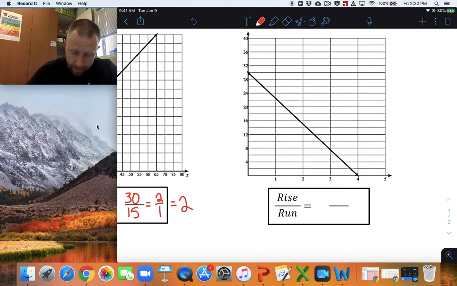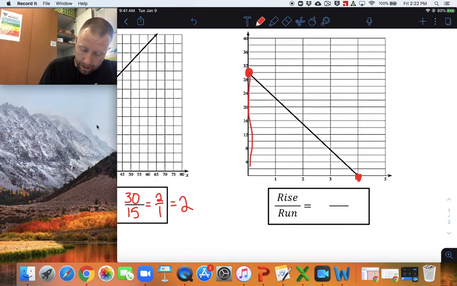For this one, I'm actually going to use just this very first point here and this last point down here. Okay, so when I look at my rise and my run, I'm falling, so I'm going down and over. Well, falling, I go all the way down to 0, but what did I start at?